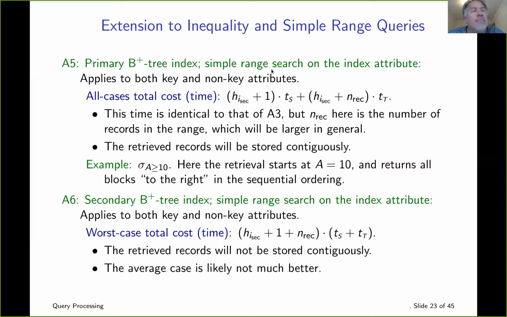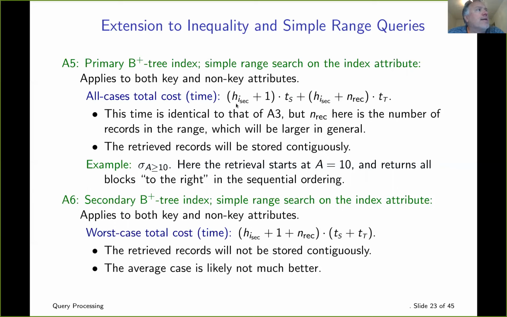It'll find the lower one, and then all it will do is race along doing transfers and following the block pointers in the data file, which say what's the next block, since the file is clustered and sorted on the primary key here.